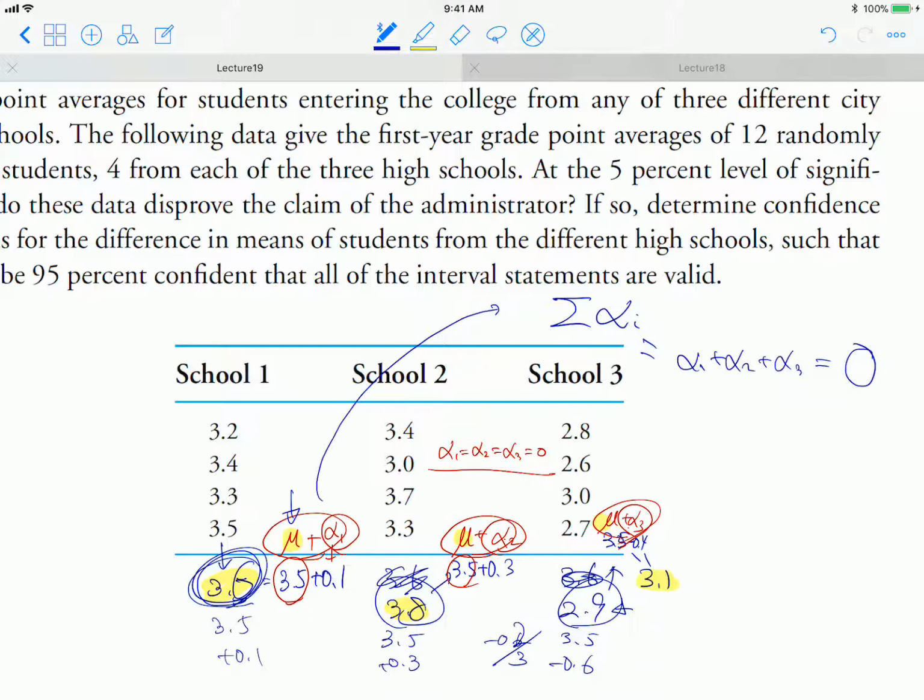It should always be 0, right? Because we set this mu value so that it is equal to the global mean of these three values. So their differences, and the sum of these differences, should always be 0, right?